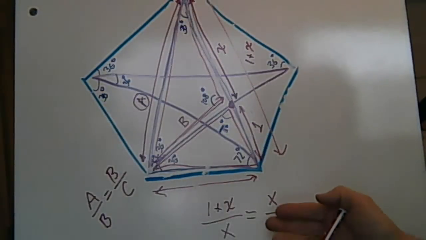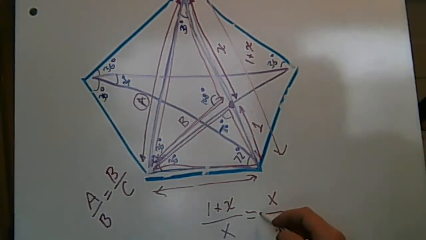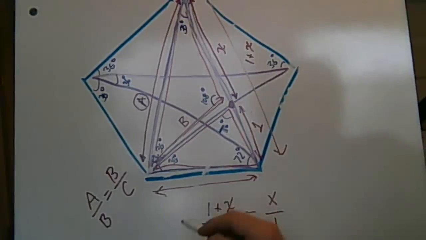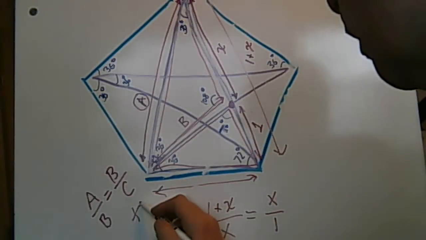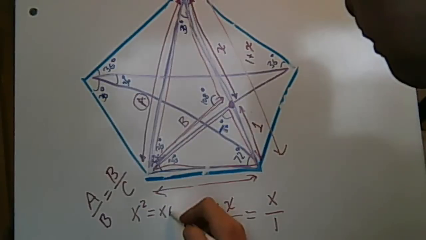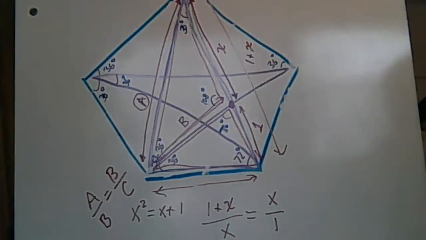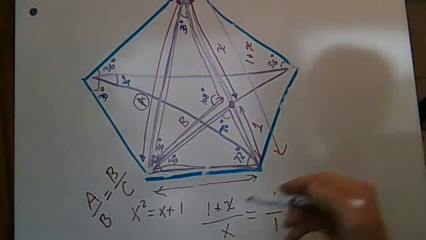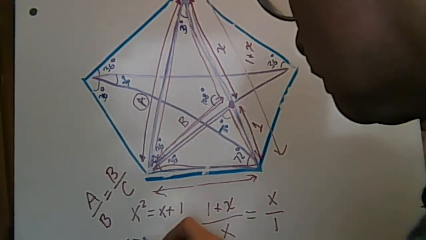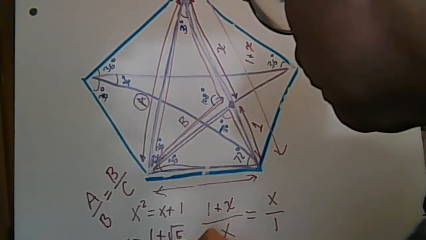This turns out to be a quadratic equation, which is relatively easily solved because we know the quadratic formula. This just becomes, by cross multiplying, x squared is equal to x plus 1. And when you solve that using the quadratic formula, you get that x is equal to (1 plus square root of 5) divided by 2.